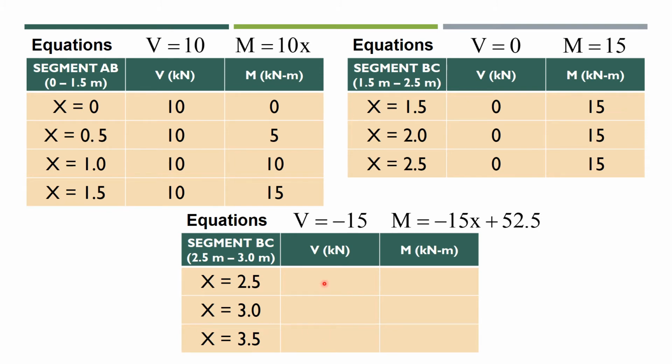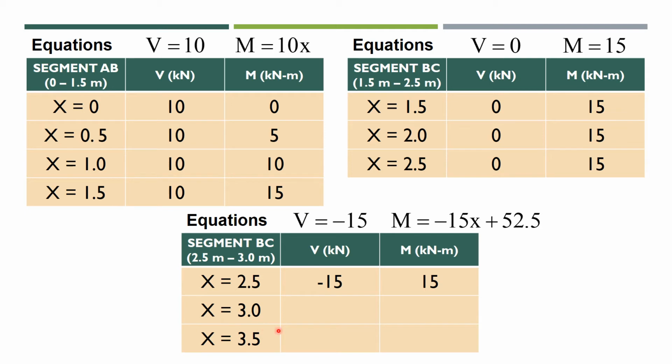Kaya yung shear values mo dito ay pare-parehas na negative 15. But, for the moment equation, dahil may variable ka na x dito, you substitute the value of x, which is 2.5. So you will get a value of moment na 15.